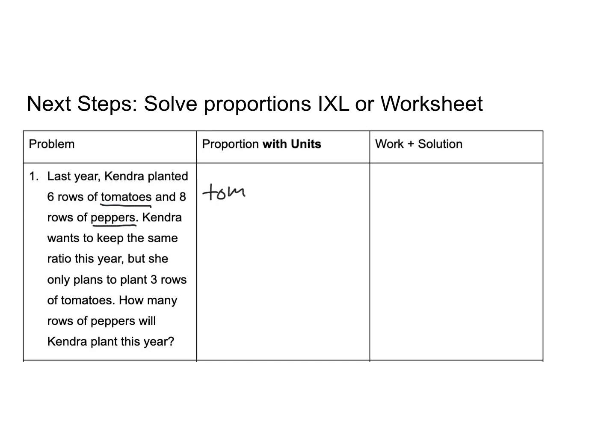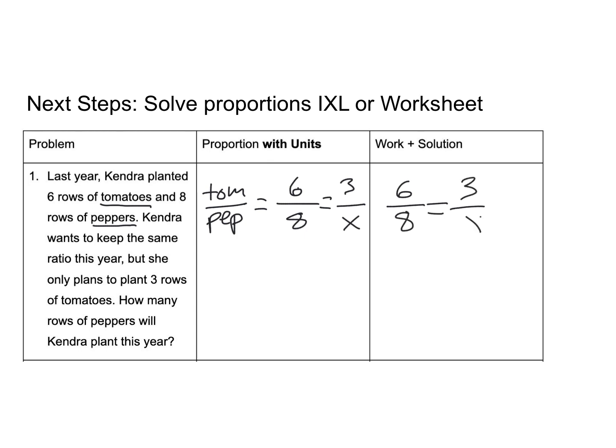So tomatoes over peppers equals, she did 6 rows of tomatoes and 8 rows of peppers. And then it says she only plans to plant 3 rows of tomatoes, so 3 will go on top. And we don't know that. So I'm going to rewrite over here. 6 over 8 equals 3 over x.